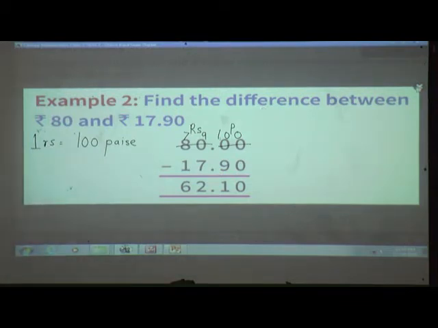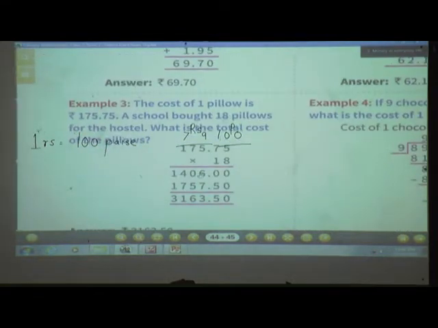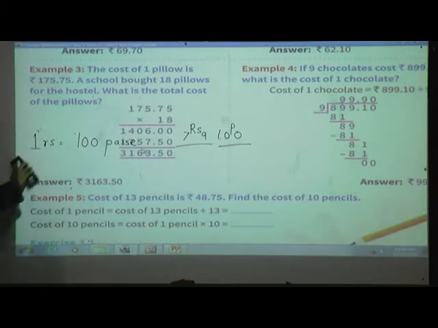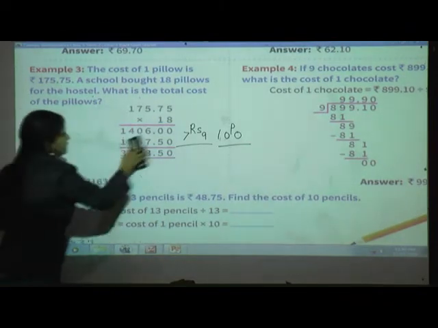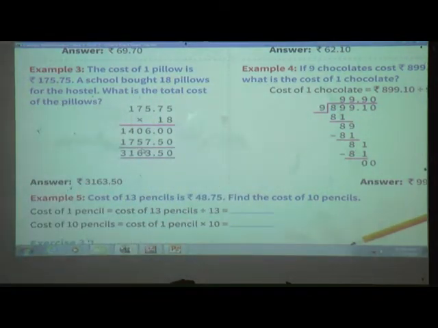Now we'll solve multiplication. How to solve the multiplication sum of money? Here, the cost of 1 pillow is rupees 175.75. A school bought 80 pillows for the hostel. What is the total cost of the pillows? Students, while doing the multiplication of money, you should know where to place the decimal.